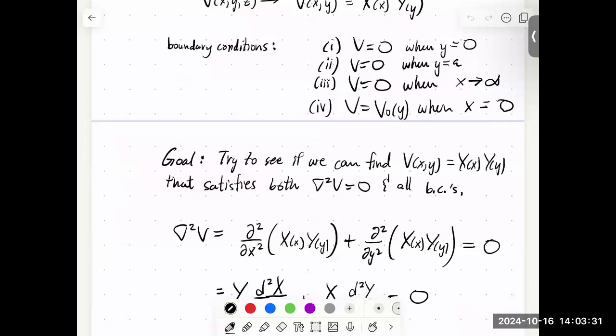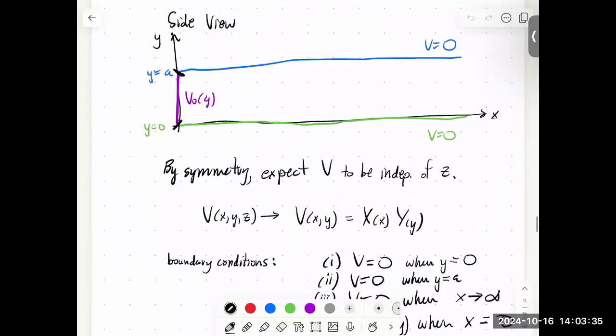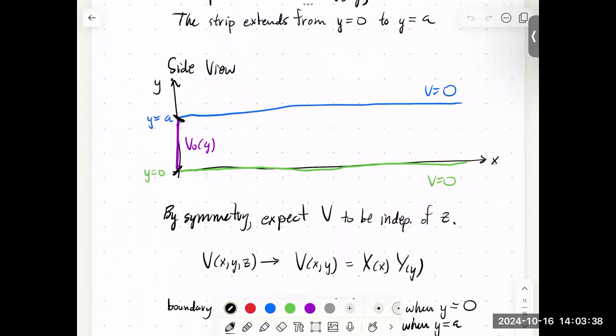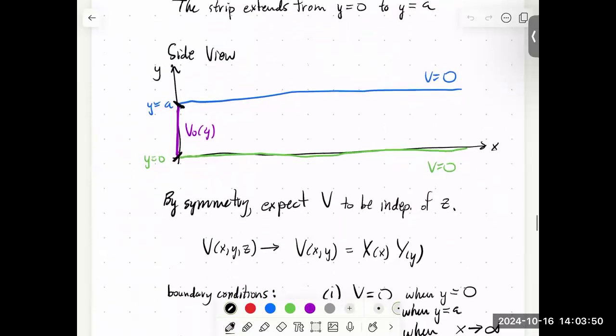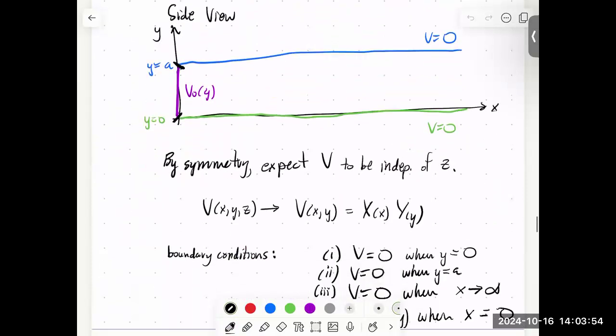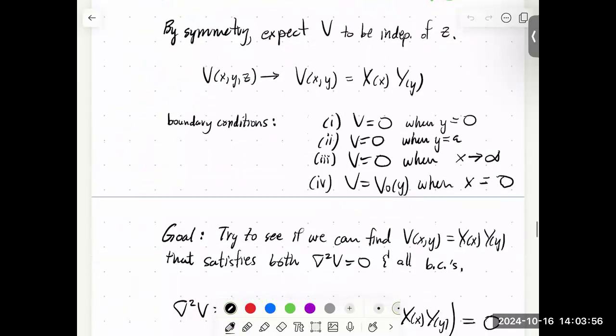For our problem, because of the symmetry, the z-axis is coming out of the screen, so there's no z dependence to the potential. So we just wrote the potential as a function of x times another function of y. And there it is. We're going to have to solve Laplace's equation and then match all of our boundary conditions.